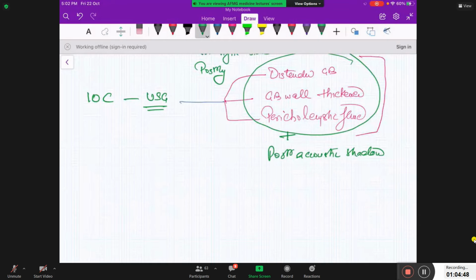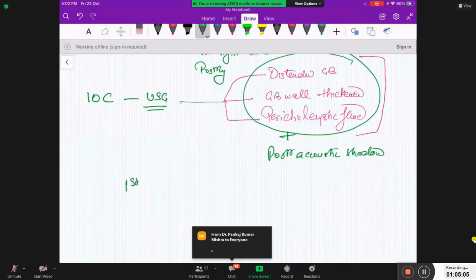Now, coming on to a very important point further. Correct me again if I'm wrong. Acute cholecystitis, can I say that it's an acute infective GI condition? Yes. So what will be the first line of management?